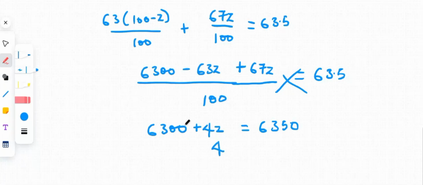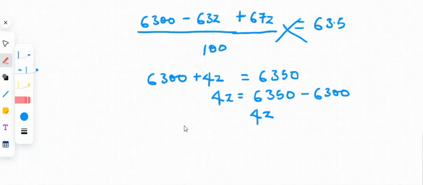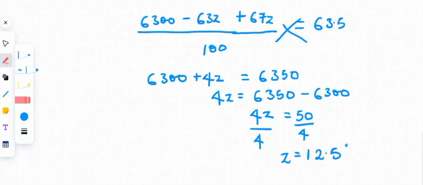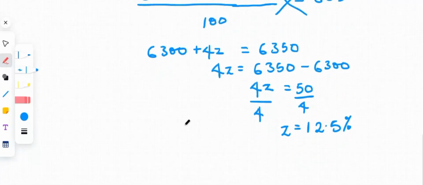So 4z is equal to 6350 minus 6,300. So 4z is equal to 50. So divide both sides by 4. What do we get? That is 12.5. So z is equal to 12.5. That is the percentage abundance of z.